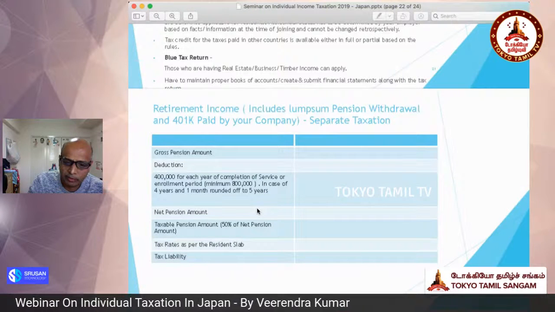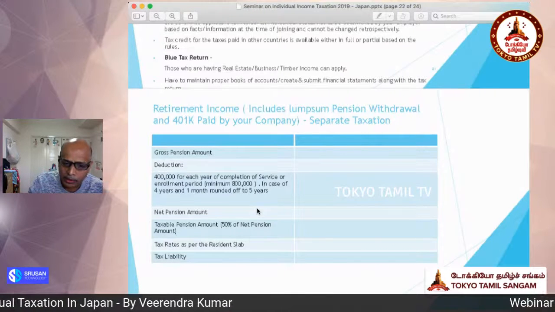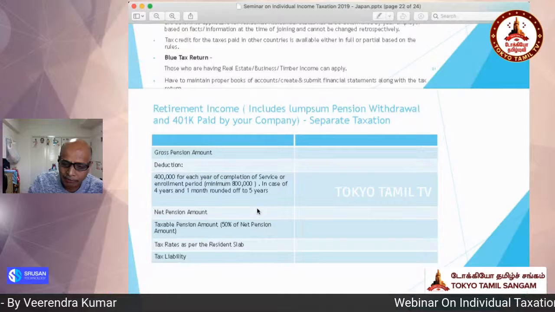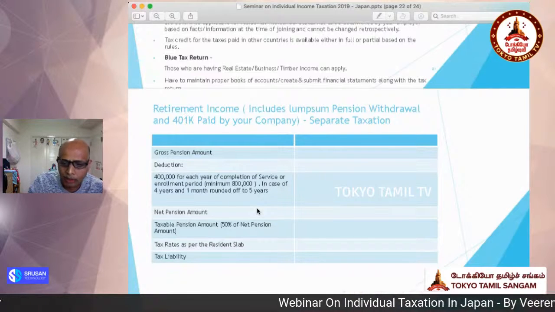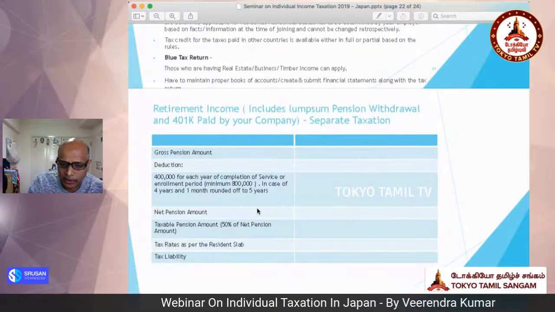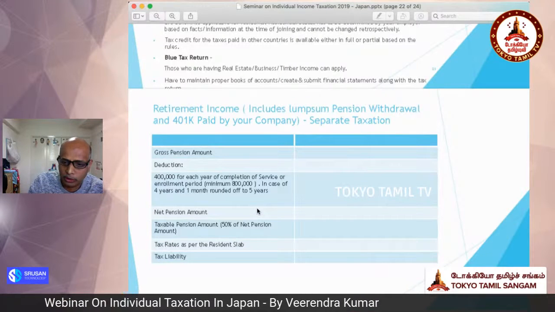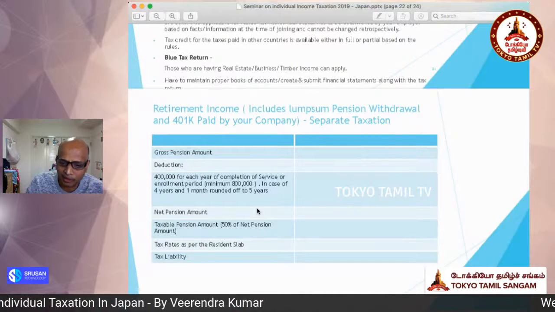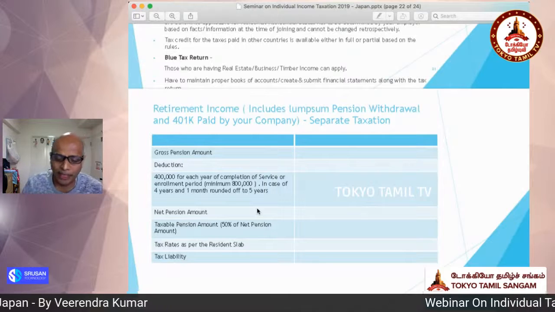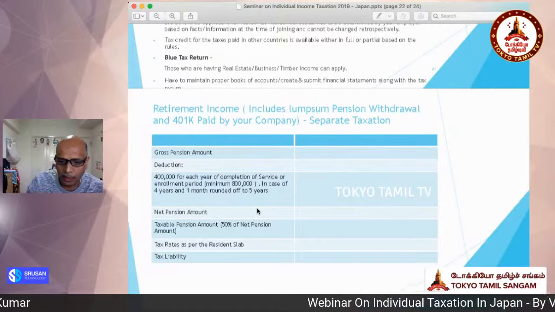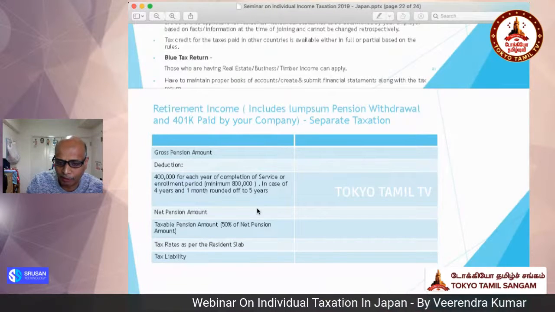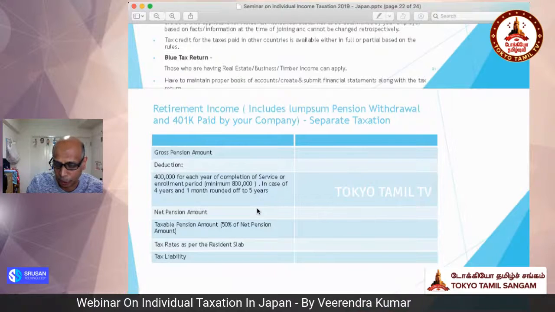However, since this will be considered as a resident income, and the tax will be calculated on the resident slab, you will be getting a refund. For this purpose, you need to appoint some person as a tax agent in Japan, and he should do the tax filing on your behalf and get the refund from the tax office and share the same with you.